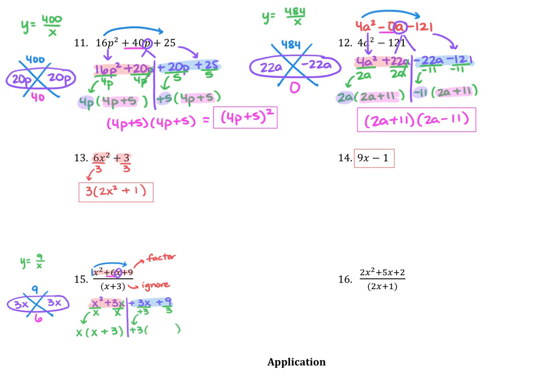Positive 3. 3x divided by 3 leaves me just x, and 9 divided by 3 leaves me 3. Notice that these two parentheses match, so therefore my first binomial is x plus 3. Take the leftovers of x plus 3 to make that second binomial.